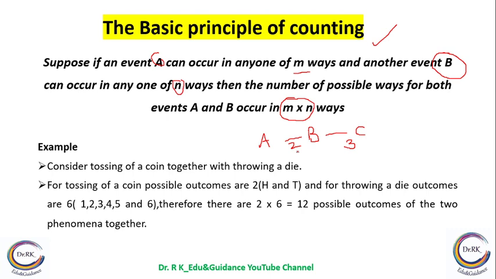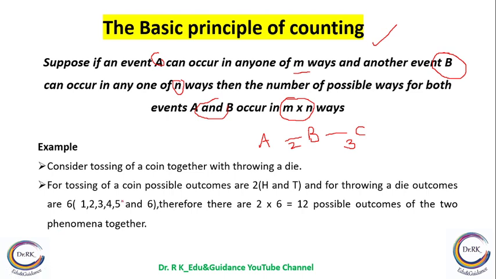This is what we call the basic principle of counting. Here A happens in m ways and B happens in n ways, then the events A and B happen in m into n ways. This is the basic principle we are going to use at regular intervals.